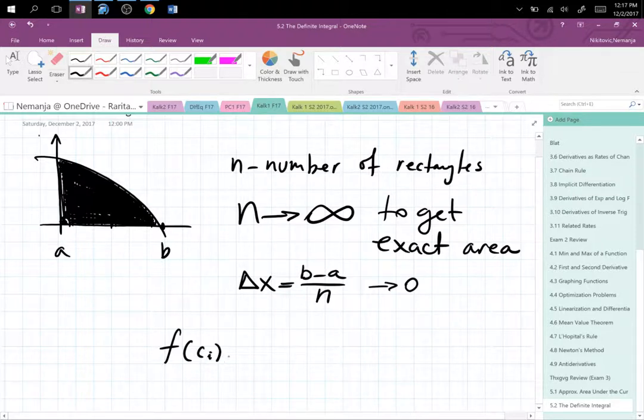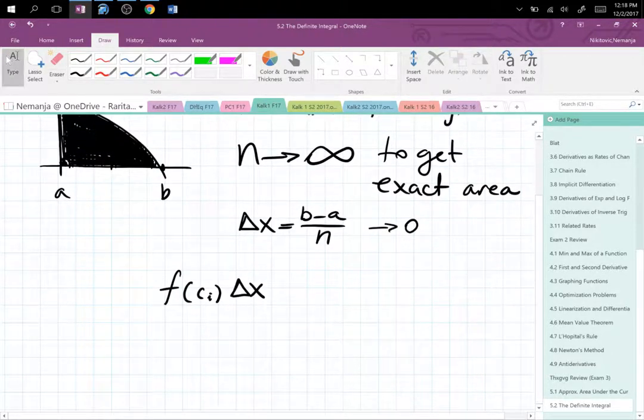I create a single area first. Then I add all of those areas from 1 to n. So, how many do I have? And then I send that n to infinity. That's how we built this.